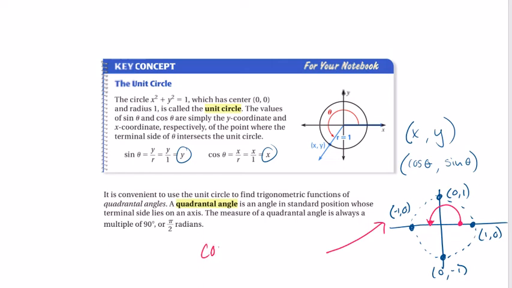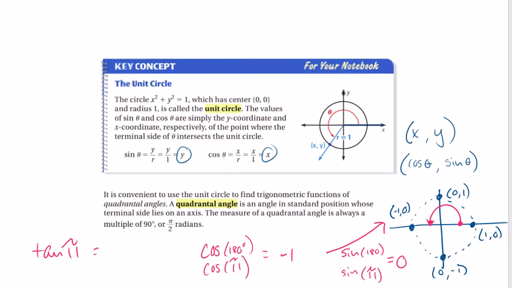So the cosine of 180 degrees, or the cosine of pi, is going to be equal to negative 1, and the sine of 180 degrees, or the sine of pi, is going to be equal to 0. And then in order to find the tangent, I'll just write tangent of pi. Tangent of pi is sine over cosine, so 0 over negative 1, or 0.